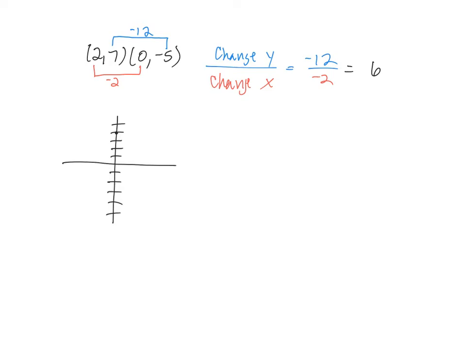This point right here would be (0, 4), this would be (0, 1), this one would be (0, -2), this one would be (0, -5).